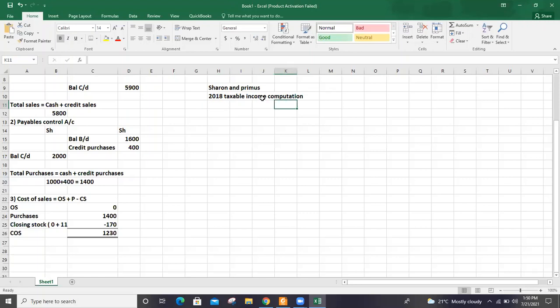Taxable income computation, we can have that in thousands of shillings. And we have this one also in thousands of shillings.